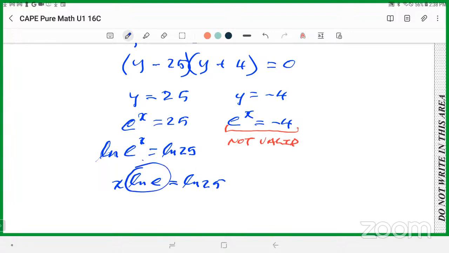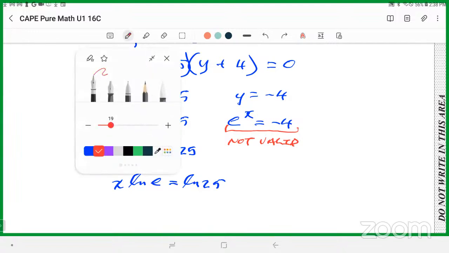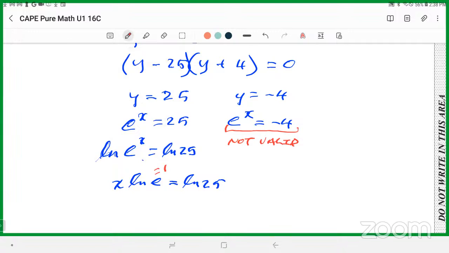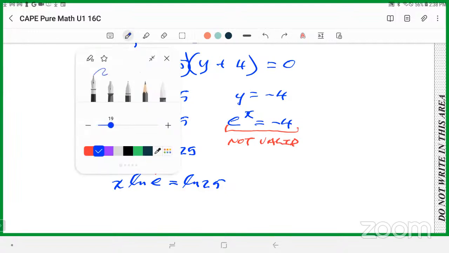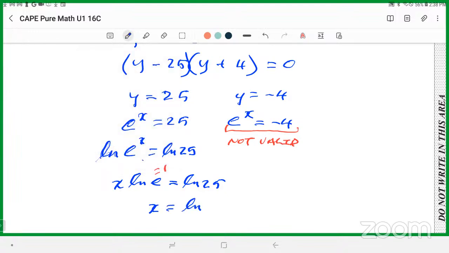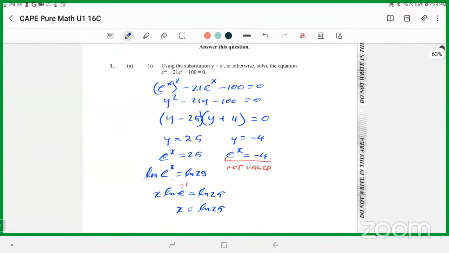But ln e is equal to 1, since ln is log to base e. So x equals ln 25. And that is it. All right, that finishes that.